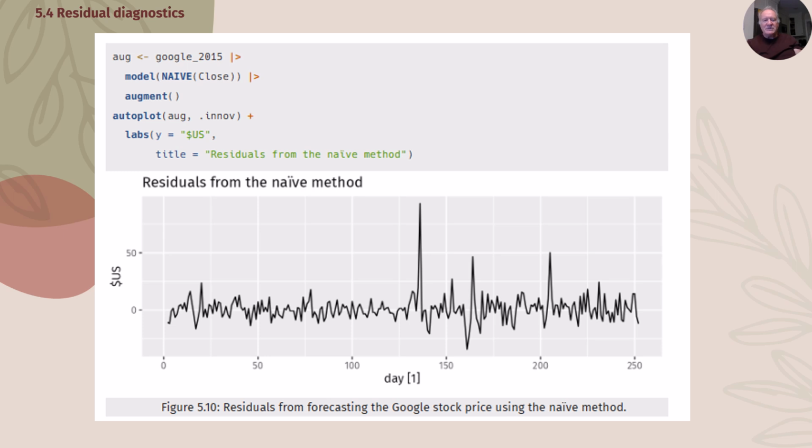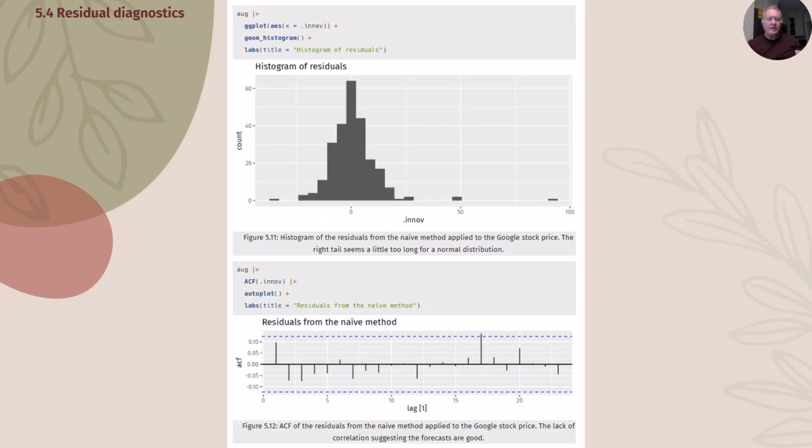Plotting the residuals, we can see these spikes that we should go back and look at and try to figure out why they occurred, and use them to help us figure out the model. But in essence, we can see that there doesn't seem to be any correlation between these. We'd have to test for it, of course, but it looks like they're pretty random. We can go ahead and plot a histogram, and it should look pretty normal. Looking at the residuals can help us spot some spikes in the data that might be of interest.